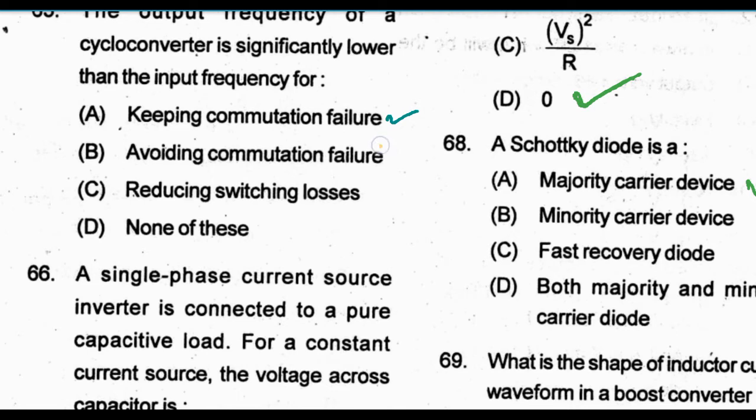Avoiding commutation failure means we are using some circuit to avoid commutation failure. We are forcing the commutation, we are making the commutation compulsory. So this is not the case. This means we are using the post commutation, keeping the commutation failure. That means this one is line commutation, and option A will be the correct answer. Reducing switching losses, this is not accurate for this question also.